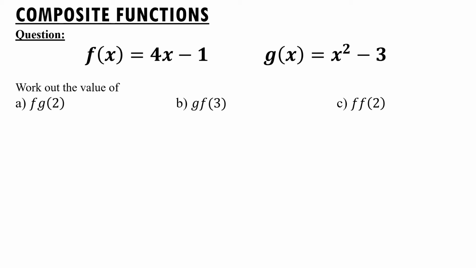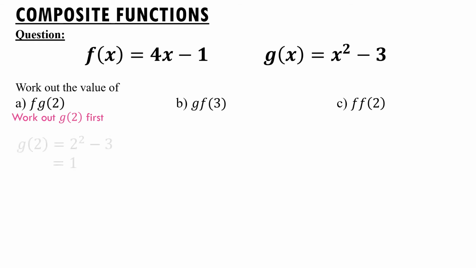I've got my functions at the top, f of x and g of x, and we're going to work out these 3 answers. The question says work out the value, which means our answer is going to be a number of some sort. So we've got fg2. The first thing we're going to work out is g of 2. Remember to use the correct function at the top.